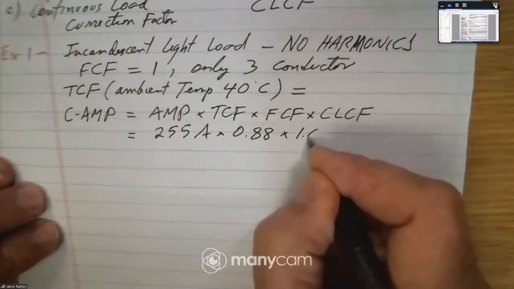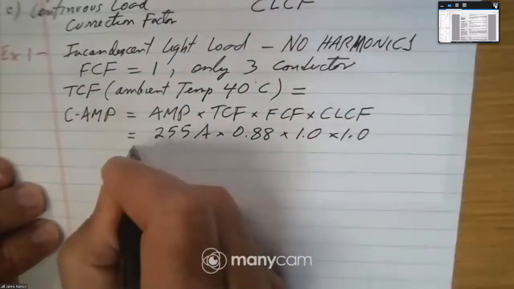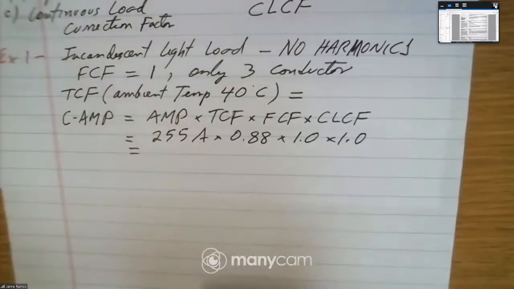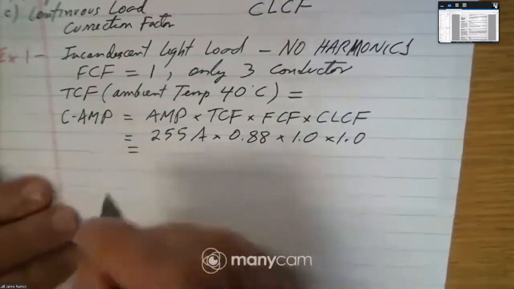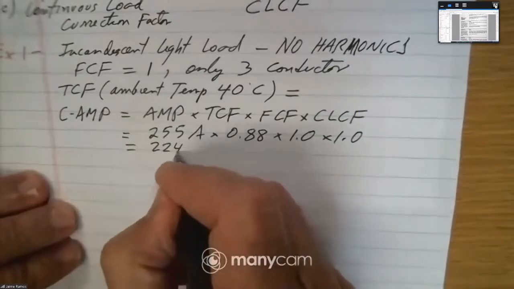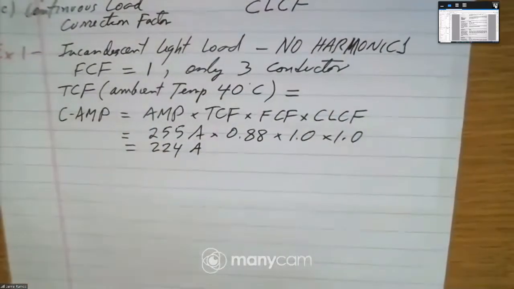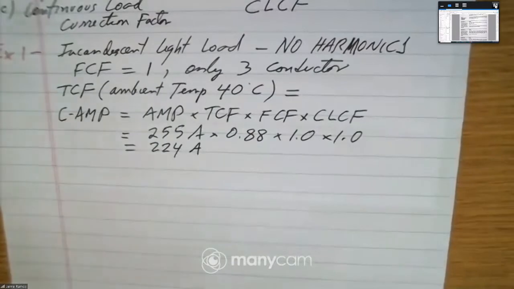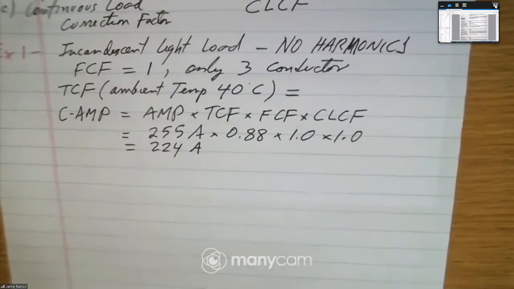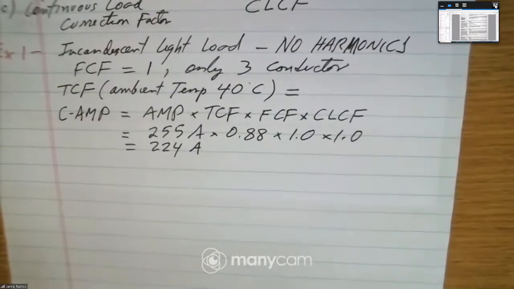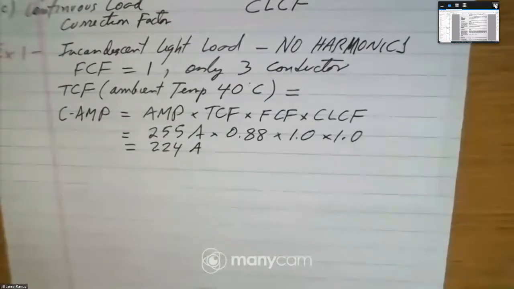And then all the other correction factors are 1. So 255 times 0.88, we get that result, 224 amps. We are looking at example 1, okay? And then there is this comment, there is no need to derate for the neutral, the 4-wire, because there is no third harmonics.